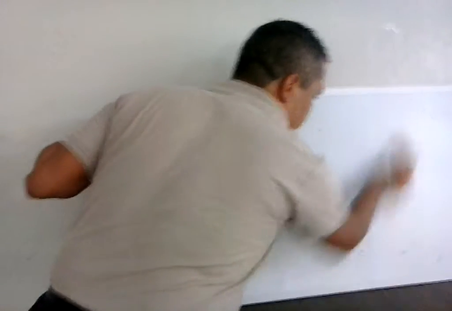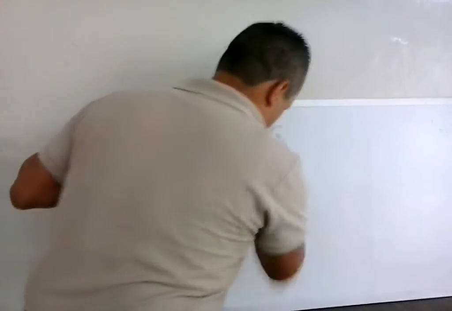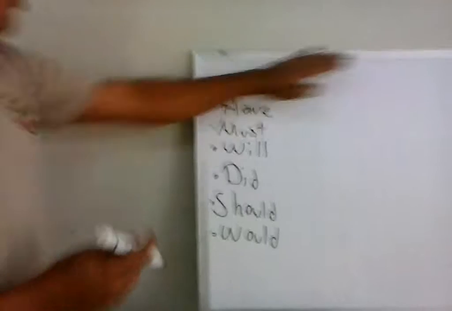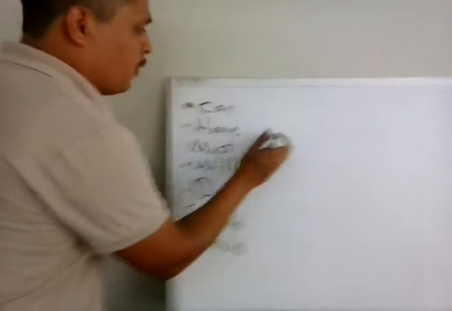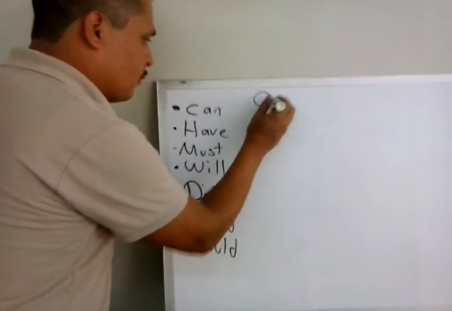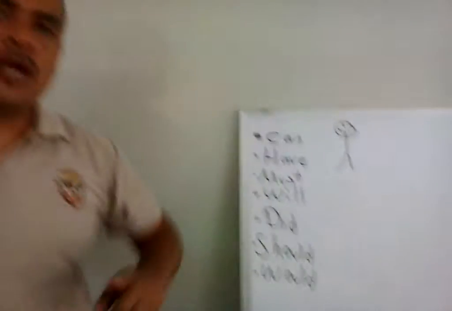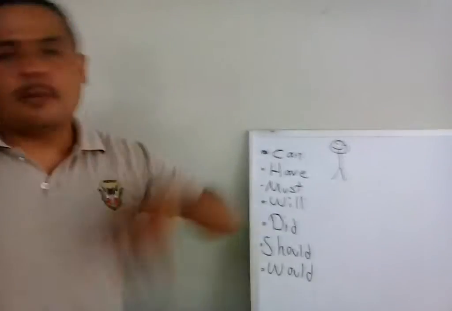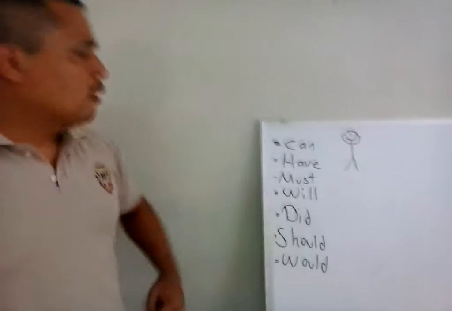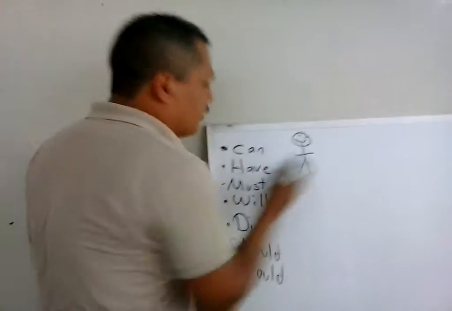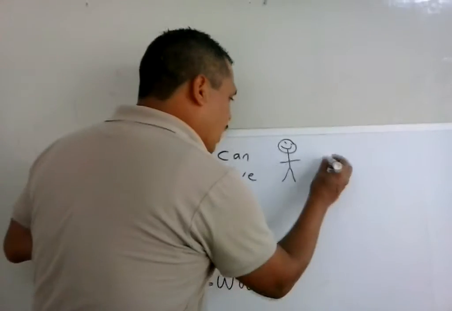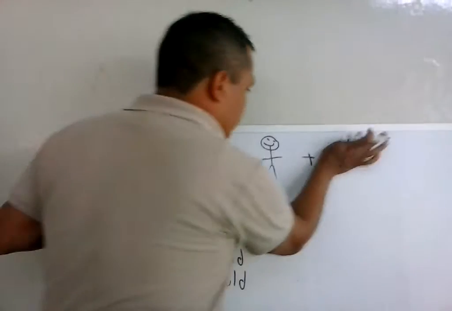Let's start with the form. First of all, the subject. It could be he, she, it, my father, my mother, whatever. Then we have the verb.